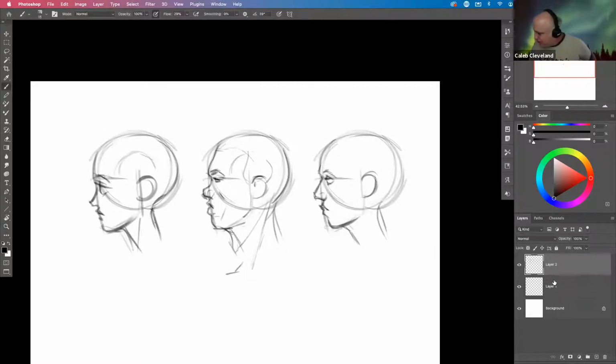Of course, some of these have a slightly different brow line, but the idea is that everything is still more or less the same throughout. The brow line is still attached to the temporal fossa there. Some people's noses are more convex at the top, some are more aquiline, some are more concave.